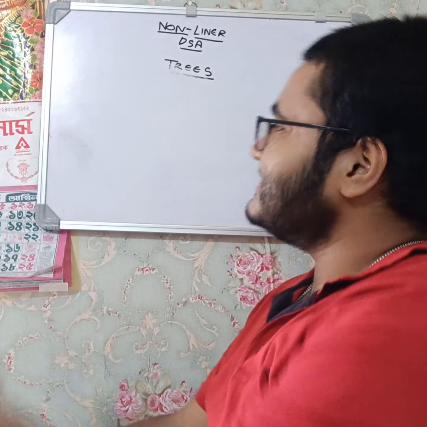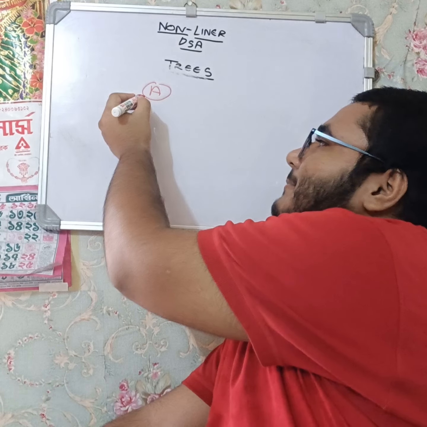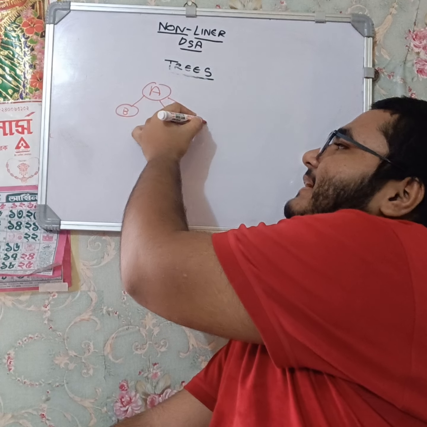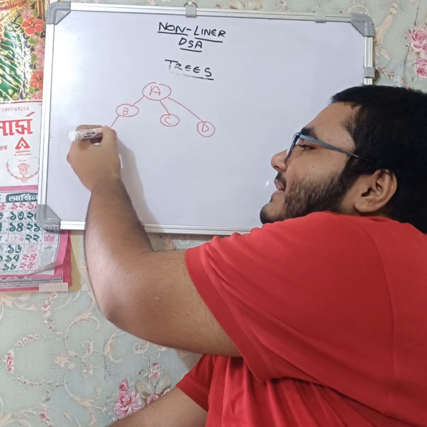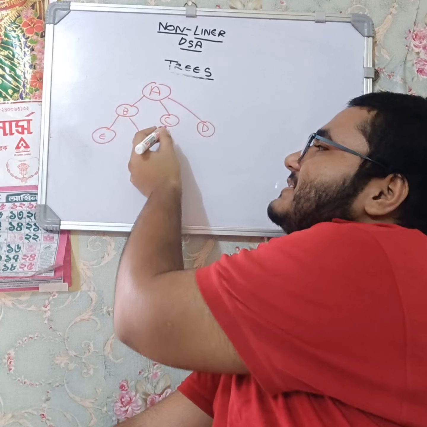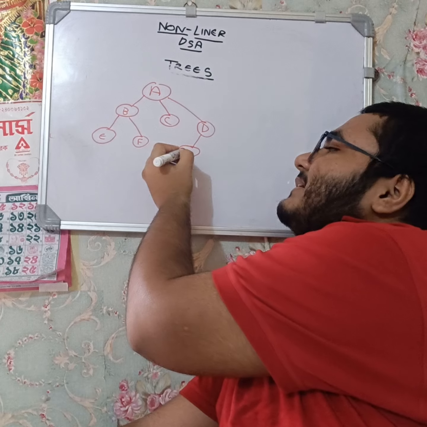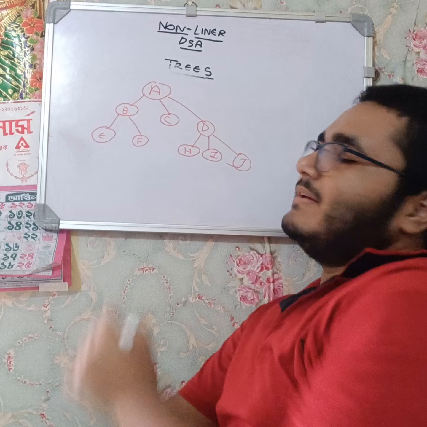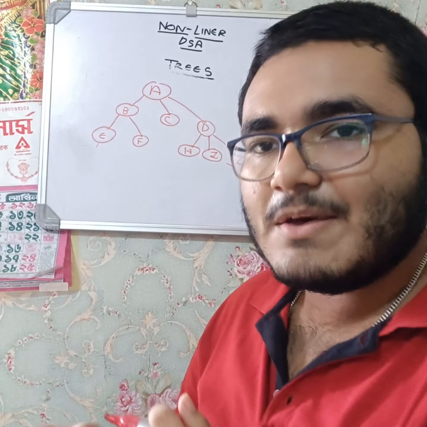Let me take, suppose our great grandparents are represented by A. Then they may have some children, say B, C, D. And again they may have some children, E, F. B has only 2 children, and suppose C has no children, it doesn't matter. Again D has H, I, J. This can continue up to any level, that is up to you.